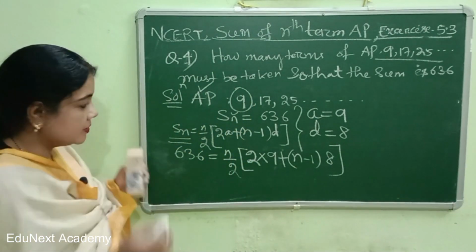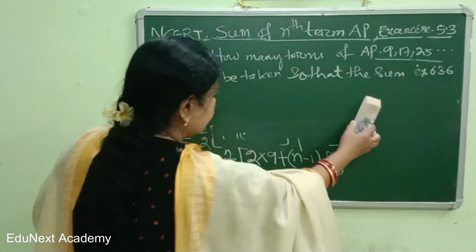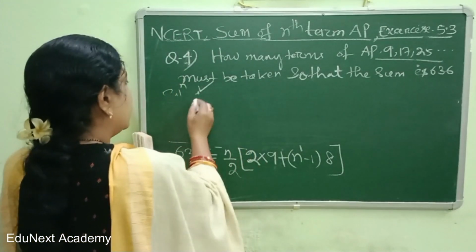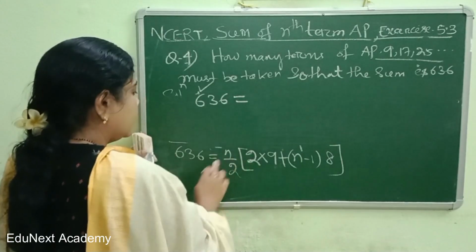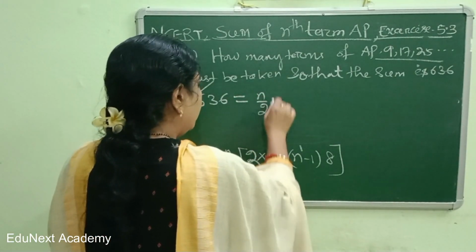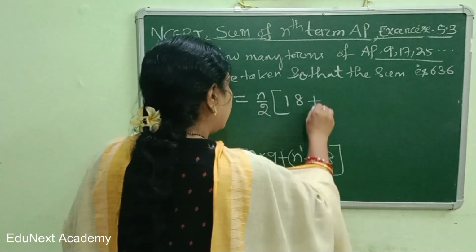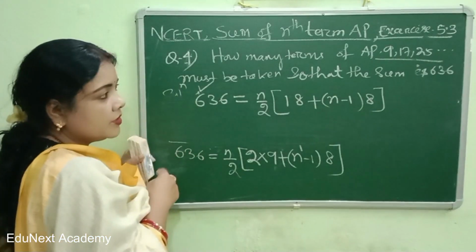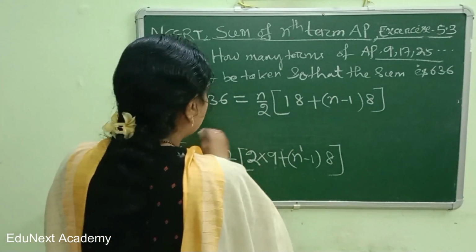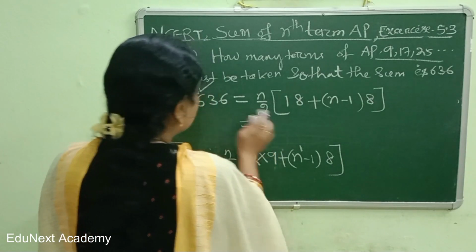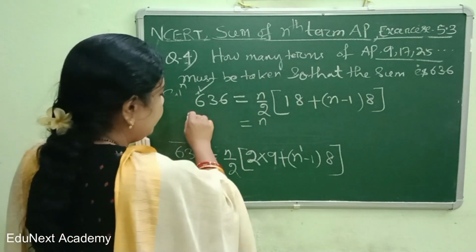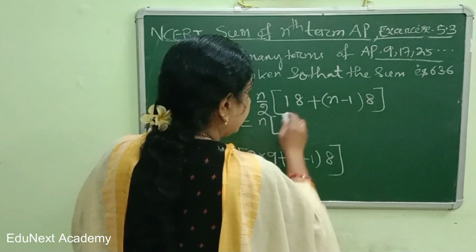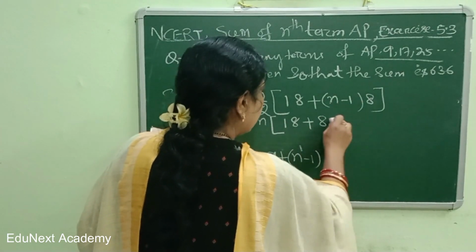You know how to solve this, I am solving here. 636 is equal to n by 2 into 18 plus n minus 1 into 8. If we go step by step and multiply, this will be 1272 is equal to n into 18 plus 8n minus 8.